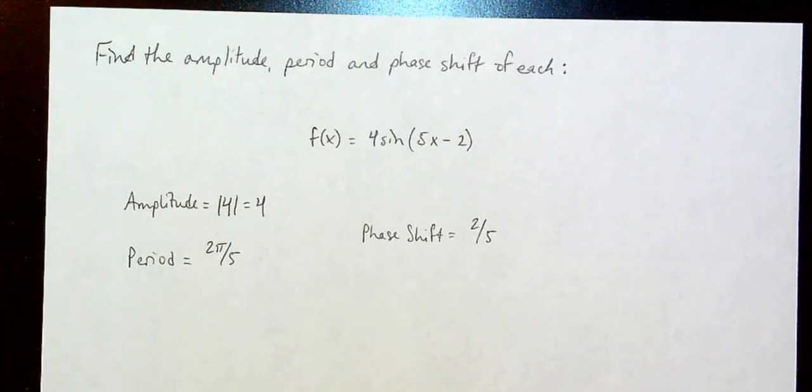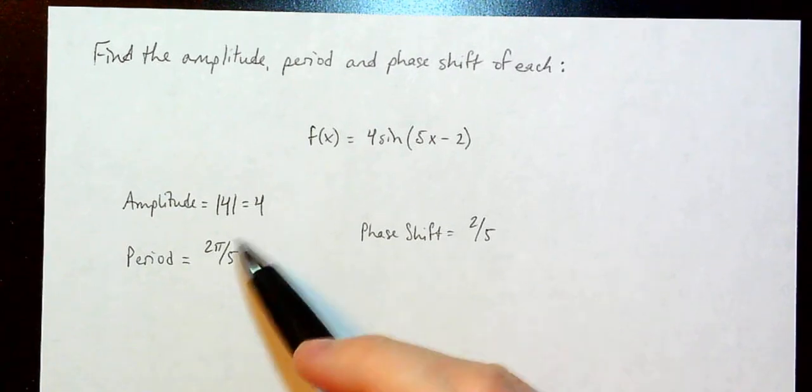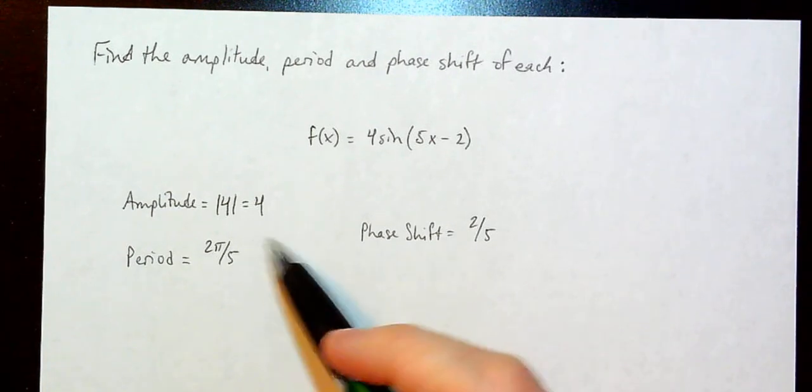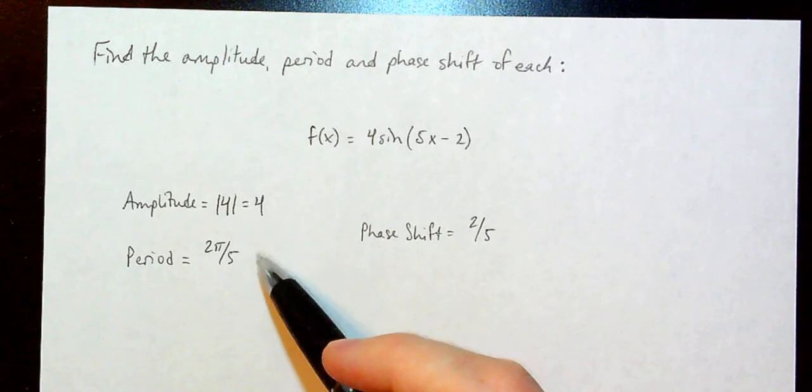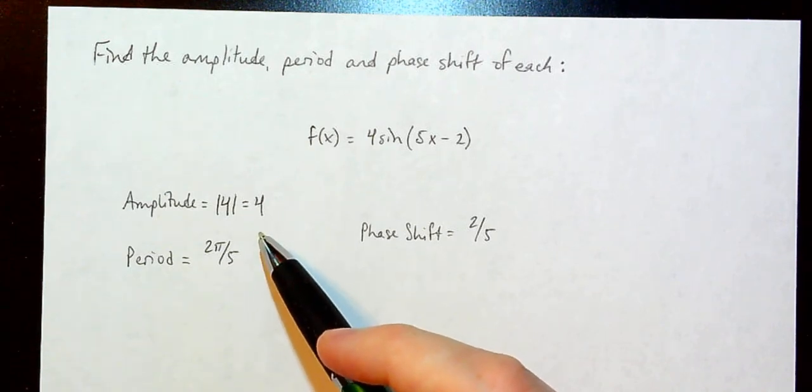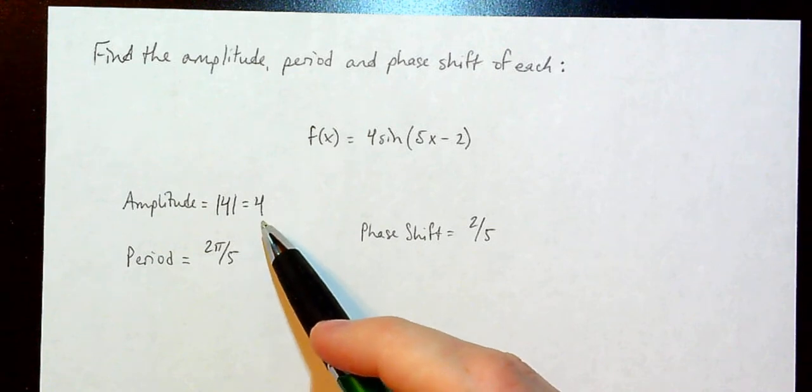Now, what is this actually saying in terms of the graph? If we had to describe what this sine function looked like, we could say that this is a sine function who goes up to positive 4 and down to a minus 4.